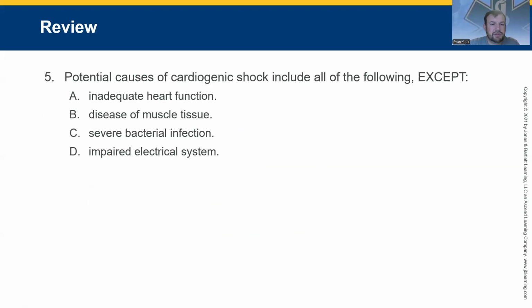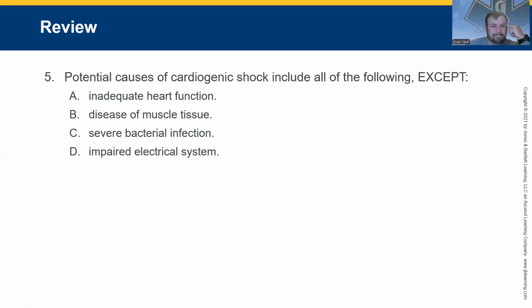Potential causes of cardiogenic shock include all the following except... So it's cardiogenic, so it's something to do with our heart: inadequate heart function, diseases of muscle tissue, severe bacterial infection, or impaired electrical system.